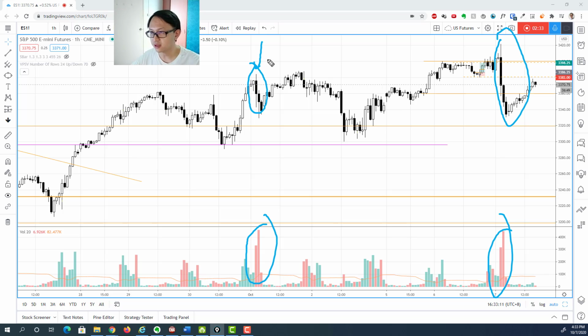Definitely the time frame is exactly the same, at 2 a.m. in my time zone together with the 3 a.m. bar as well. And yesterday, we also had the 2 a.m. and also the 3 a.m. sell-off. And also, if we take a closer look at the volume, I would say that they are pretty much the same. It's just the same type of volume and at the last 2 hours sell-off.